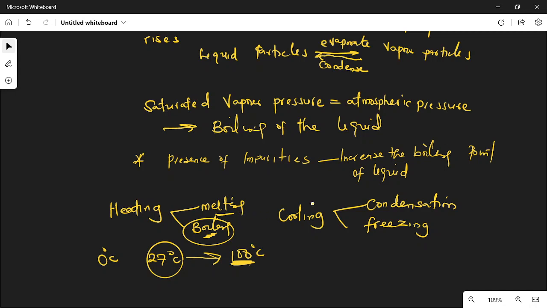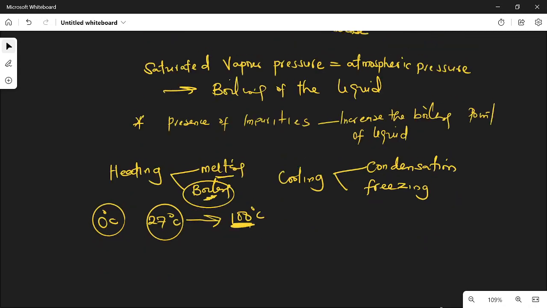But if we are cooling, look at this now. This is 0 degrees Celsius, so going from 27 degrees Celsius down, the temperature is reducing. It's just like you are cooling something, you are reducing the temperature. So when you cool, condensation and freezing take place. I want you to take note of this, please.